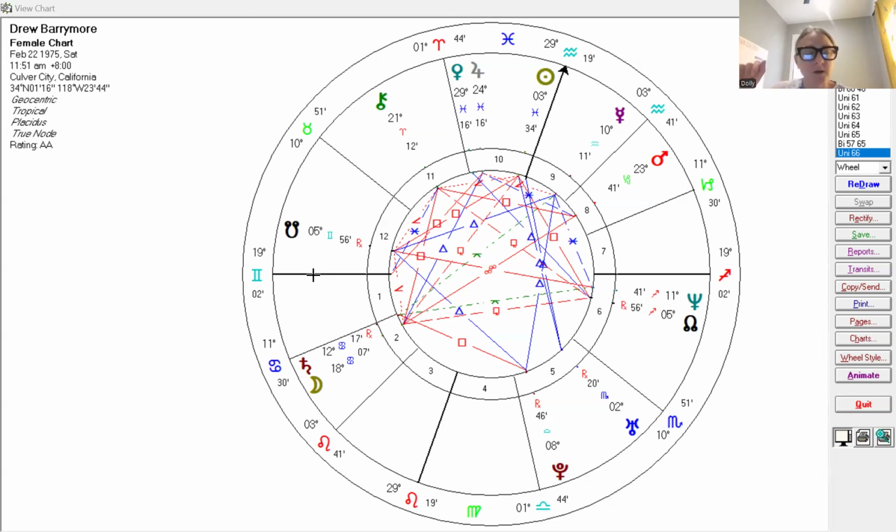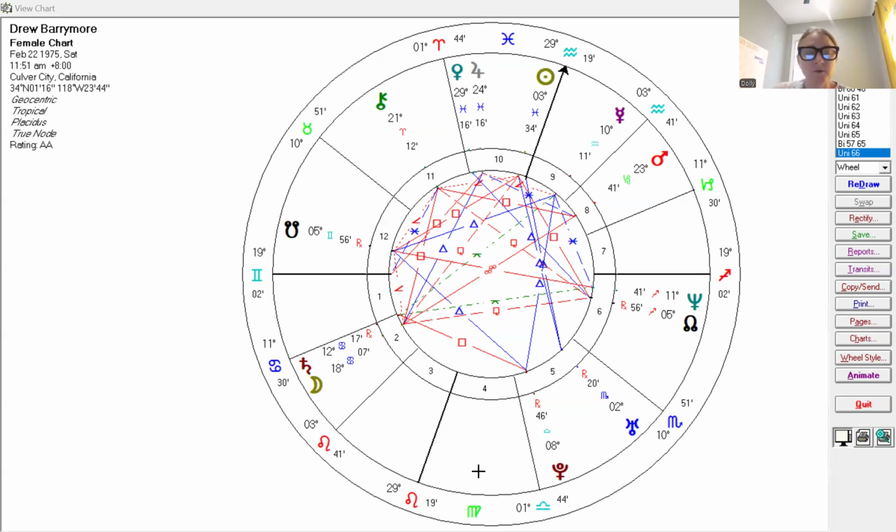It sets up what planets and what signs rule the rest of the houses. So she's a Gemini rising. So Gemini or Mercury rules her first house, and then you can see on her second house cusp is Cancer, third house cusp is Leo, fourth house cusp is also Leo, and so forth.